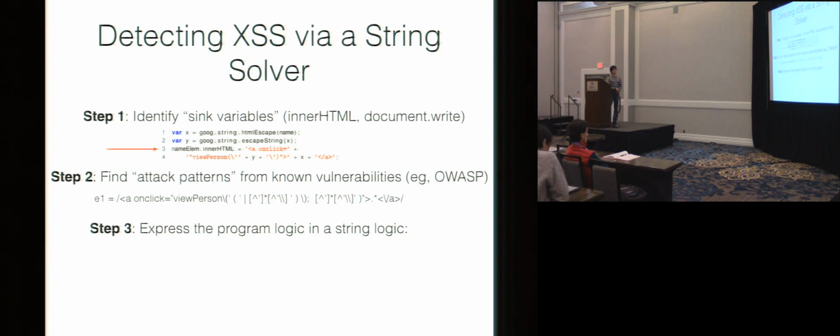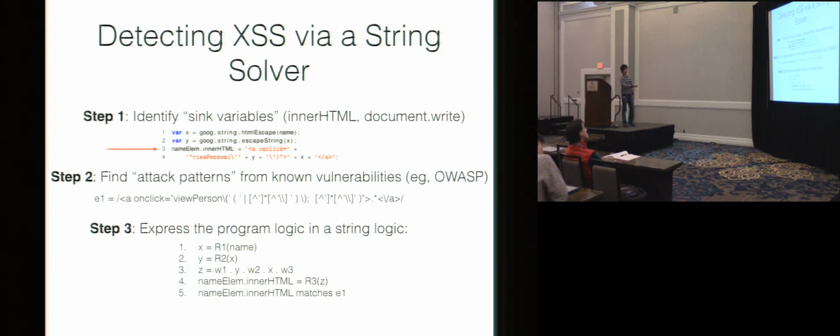The third step is to express the program logic in a string logic, which for example looks like this: a concatenation of these 5 constraints. Here, X is R1 of name, so you apply some kind of string transduction to name. Then in the X, you apply the second one here, the escape string. You apply that to X and you get Y, and then Z here corresponds to the thing on the right here.